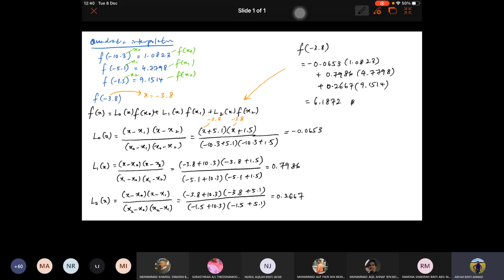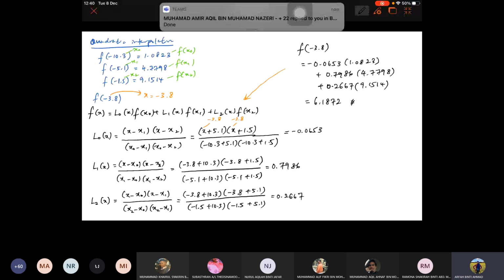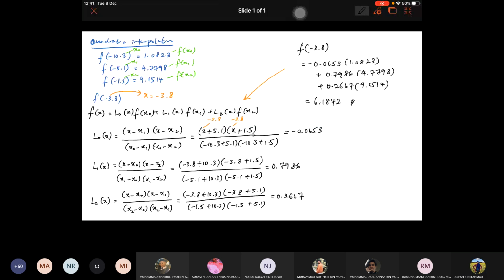Senyap duduk dah. Done? This one? Done. So the next one, kita tengok kepada done. Yang lain done. Dan yang lain siap. Okay, done.